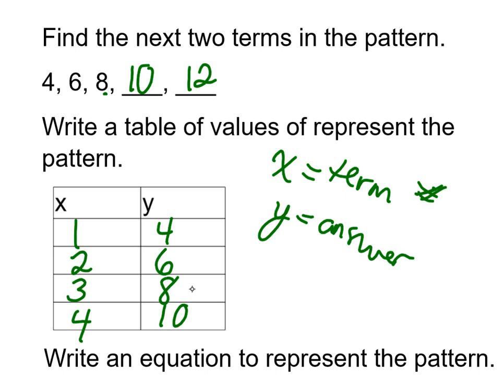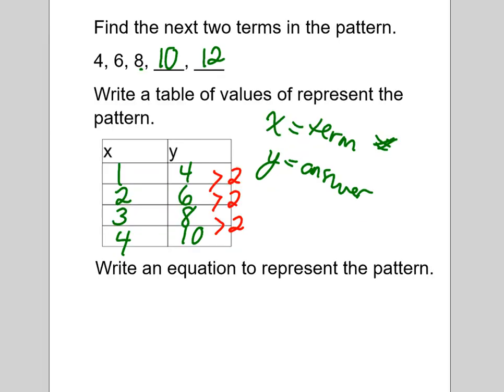So remember some of the things that we talked about with the visual patterns. The first thing that we want to recognize is that this pattern goes up by 2. That's really important. And hopefully by now you realize that that has a special role in the equation.